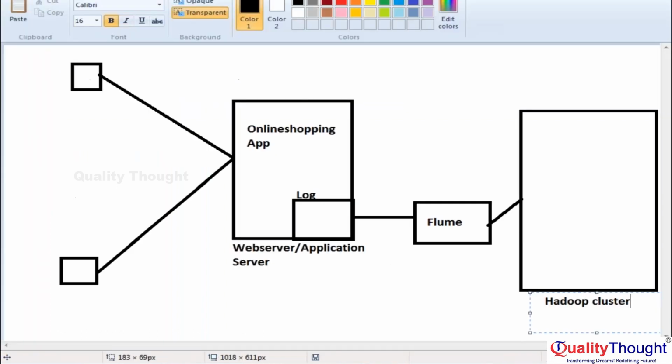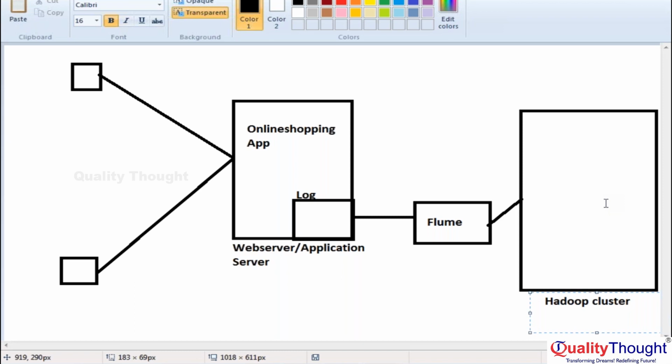So this is one scenario. The online shopping application is deployed on a web server. For every transaction in the web server, we create a log. The application writes the log, we capture those events and write them into the Hadoop cluster. What is the use of writing this log data into the Hadoop cluster?